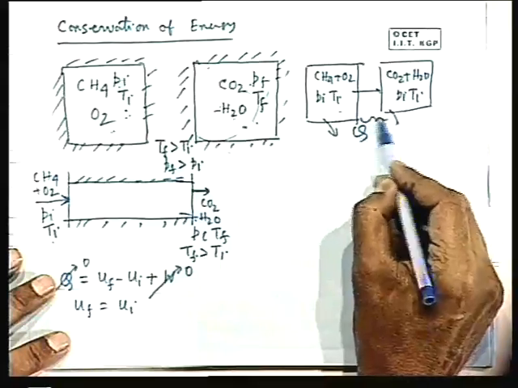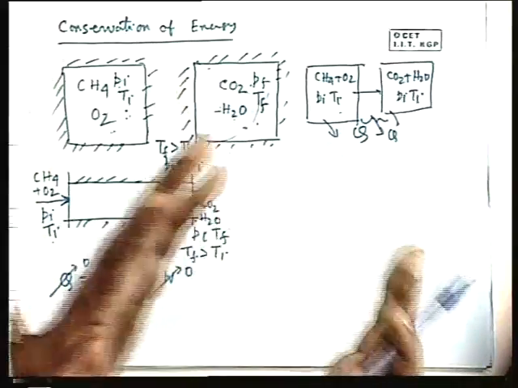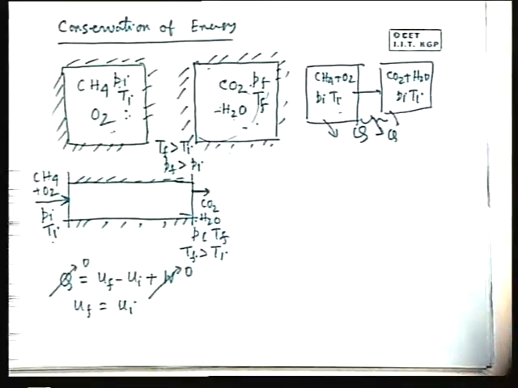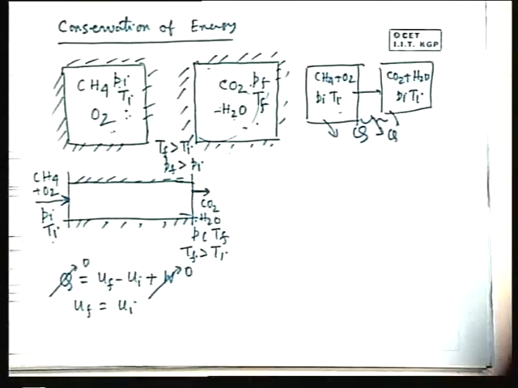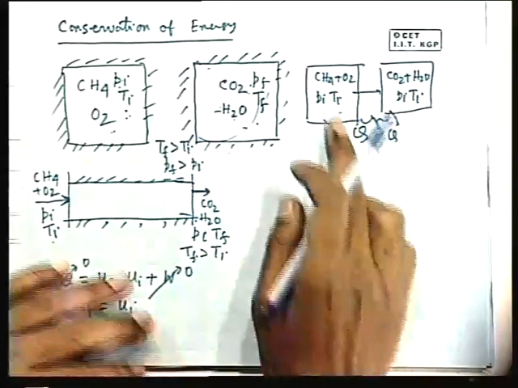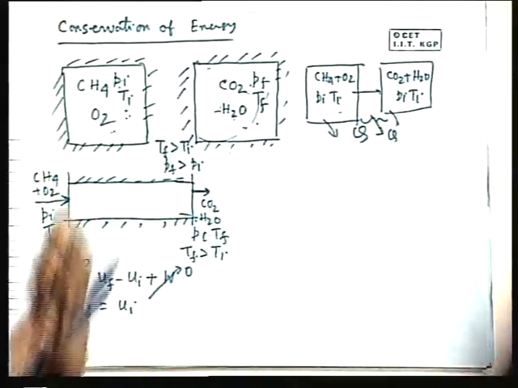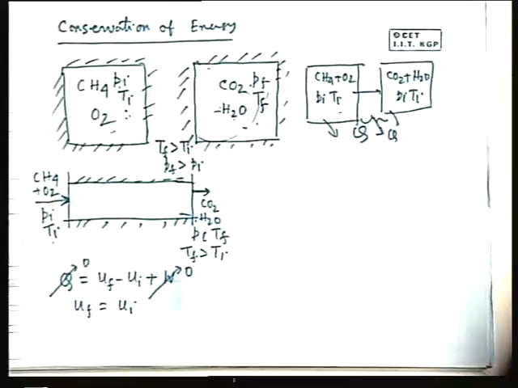So during the process I have to continuously extract heat to make the process isothermal, and isobaric, so that initial and final temperature are equal, and initial and final pressure are equal.